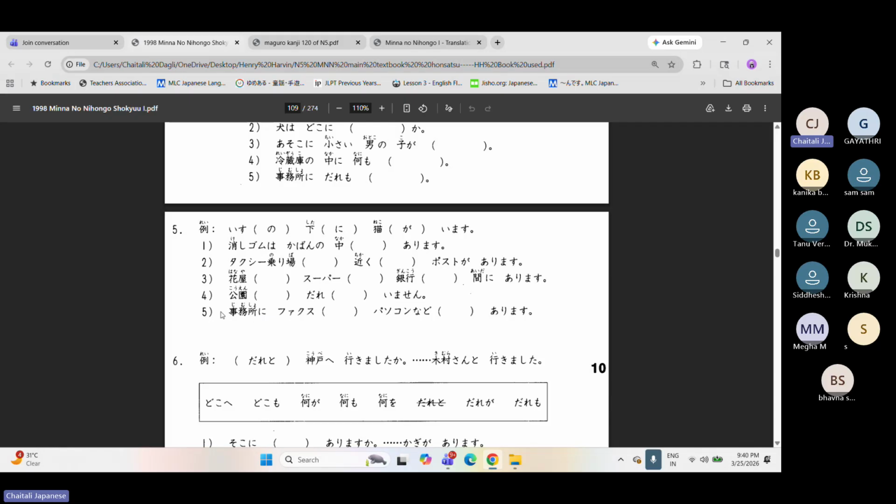Fifth. तो मैम तो आएगा यहाँ पे. Correct. तो and नी. गा अरिमस. तो and ga. Yes. Very good.